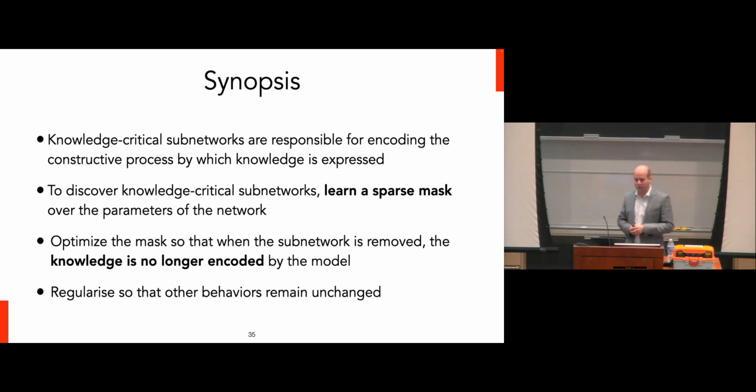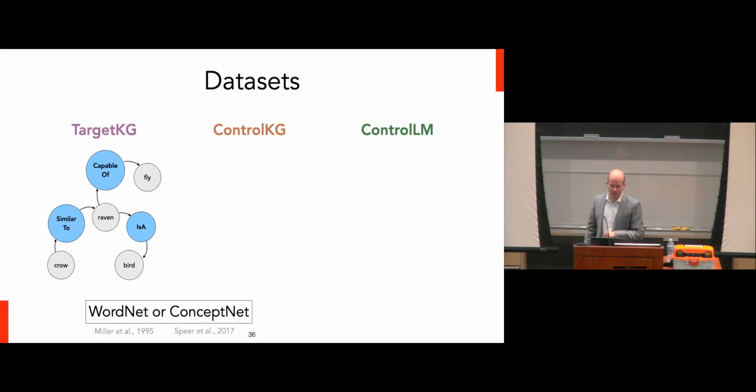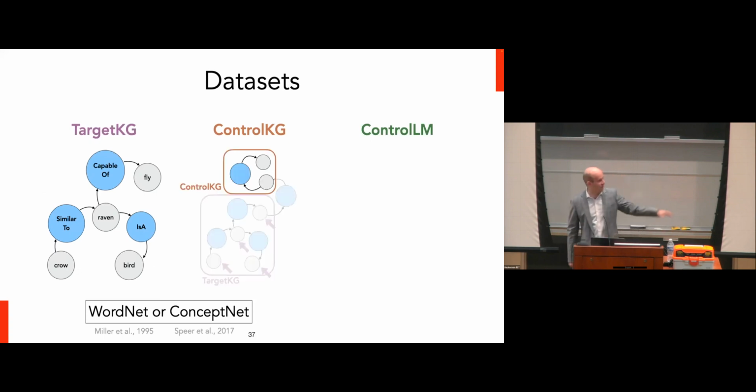We do this by learning a sparse mask over the parameters of the network. We specifically optimize that mask such that when the subnetwork is removed from the model, that knowledge is no longer encoded by the system, so it can no longer be expressed confidently. Finally, we have some regularization so that the other behaviors remain relatively unchanged. And as we talked about before, we're essentially going to take two knowledge graphs, WordNet and ConceptNet.